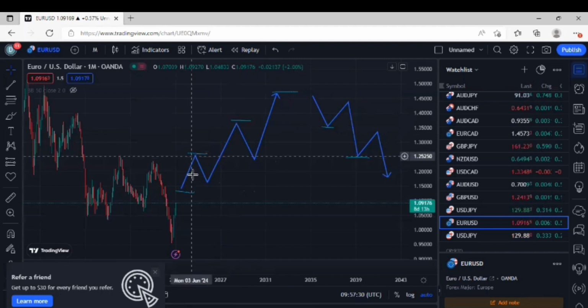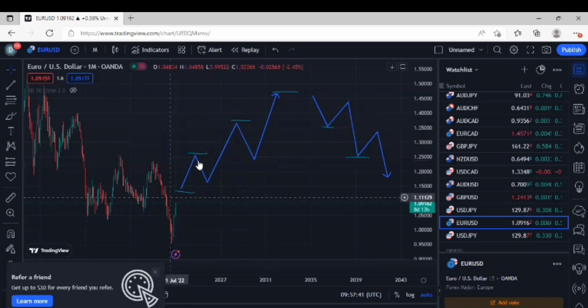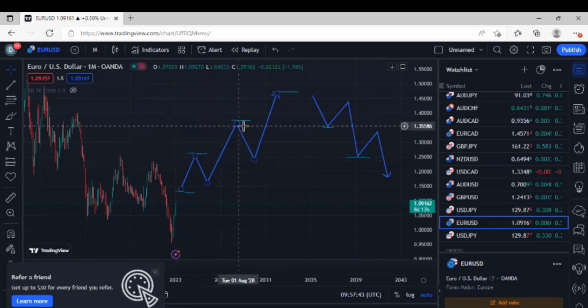Okay, so that is how you determine an uptrend. When the price breaks the structure of the previous high to create a new high, then we have an uptrend.